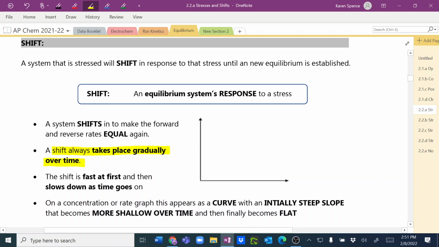So whereas you see a spike, a vertical, for the stress, the shift is going to be like, whoa, whoa. Yeah? The shift is always going to be fast at first, and then it's going to slow down as time goes on and we approach the new equilibrium.